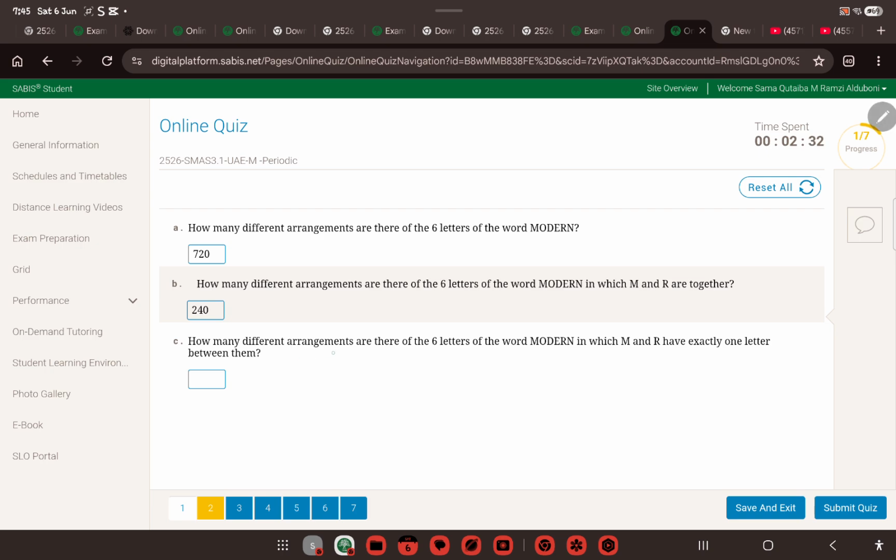How many different arrangements are there of the 6 letters of the word modern in which the M and R have exactly 1 letter between them? There's another formula. If they're 2 different letters, we do 2 times n minus r, which is the number of letters between them, minus 1, times n minus 2 factorial.